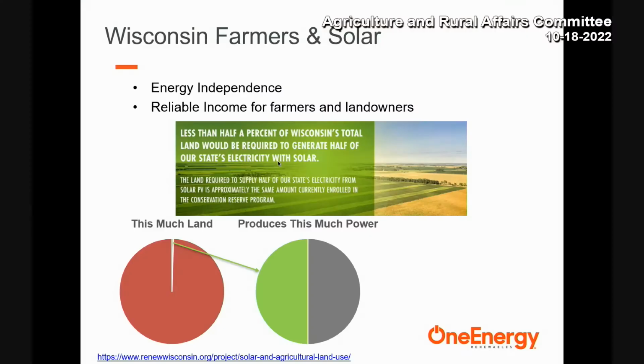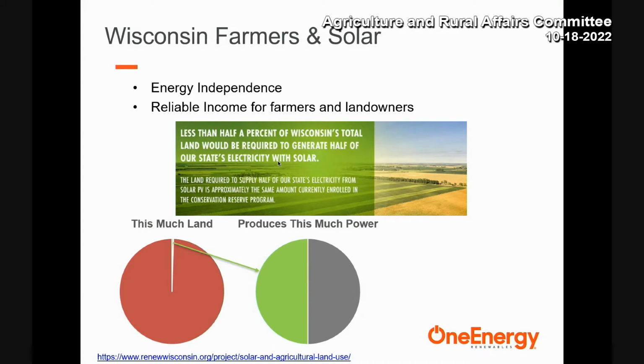One of the things that we acknowledge as a solar developer is that solar does use agricultural land. I mean, most of our projects are sited on agricultural land in rural areas. But I think it is easy to perceive that there's going to be an enormous amount of land that would be required to produce solar energy for the state.